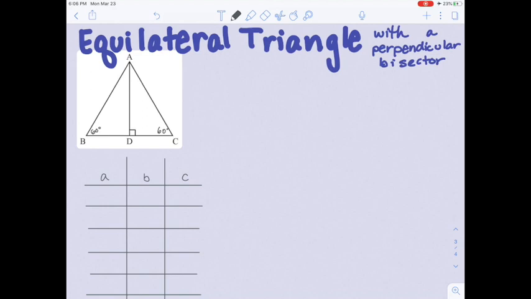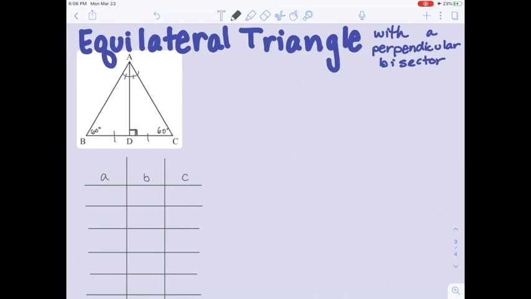But there is a perpendicular bisector in this equilateral triangle. The perpendicular bisector is both cutting angle A into two congruent parts, cutting line segment BC into two congruent parts, and is doing so at a right angle.